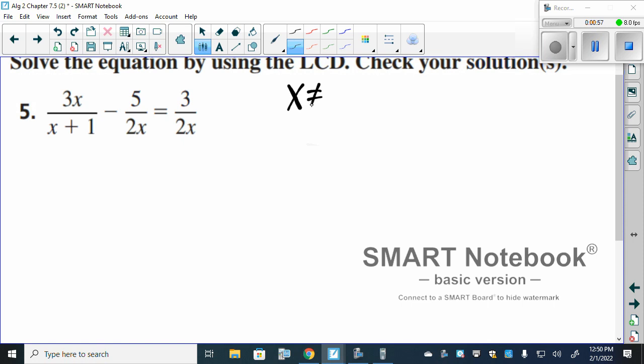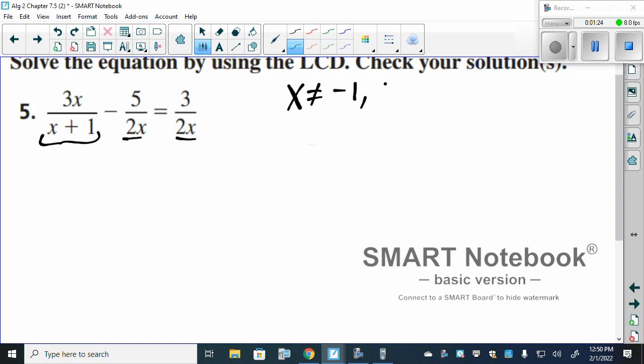Now there's 3 different places where x could be 0. One of them is where the x plus 1 is, and the other 2 are where we have 2x and 2x. What would make x plus 1 be 0? Negative 1, because negative 1 plus 1 would be 0. Then we also need to look at the 2x and 2x.